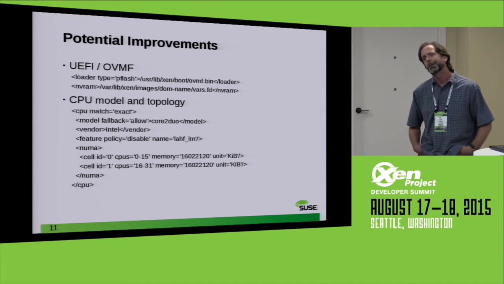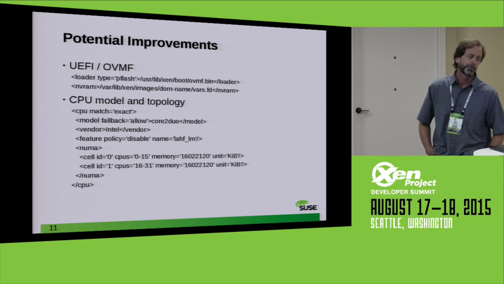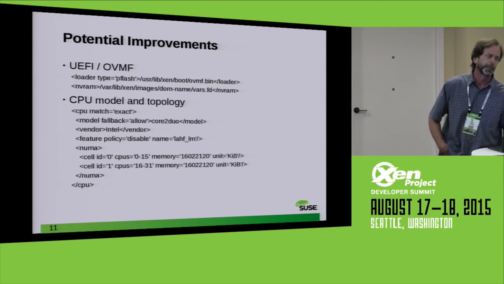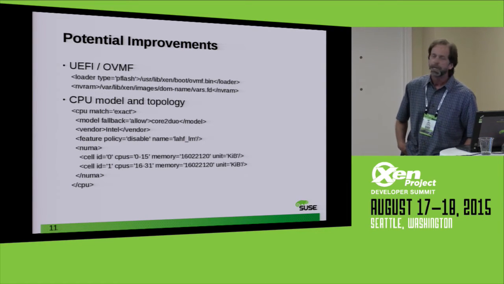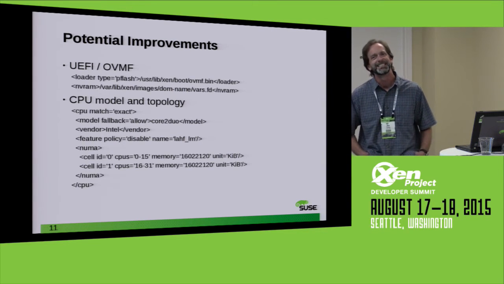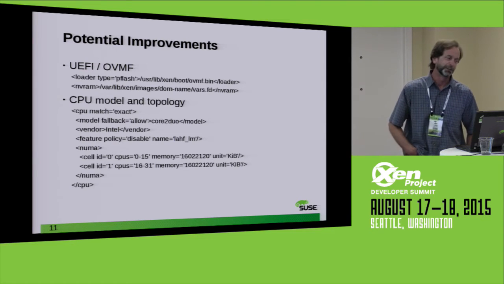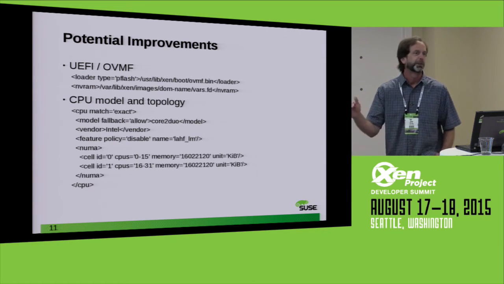And the CPU model and topology, kind of HVM specific, but it would be nice to have some support here as well. And I think Libxl has some support for this now. It's got some configuration for it. Yeah, that doesn't equate to what the VNCs, sadly. This would be a nice one to have for normalizing CPUs.